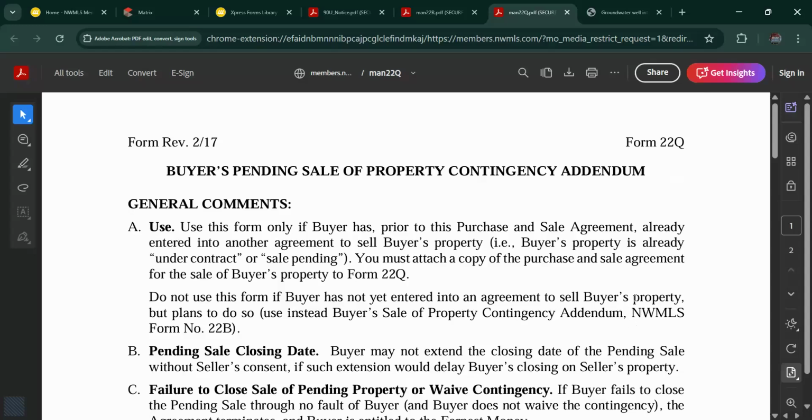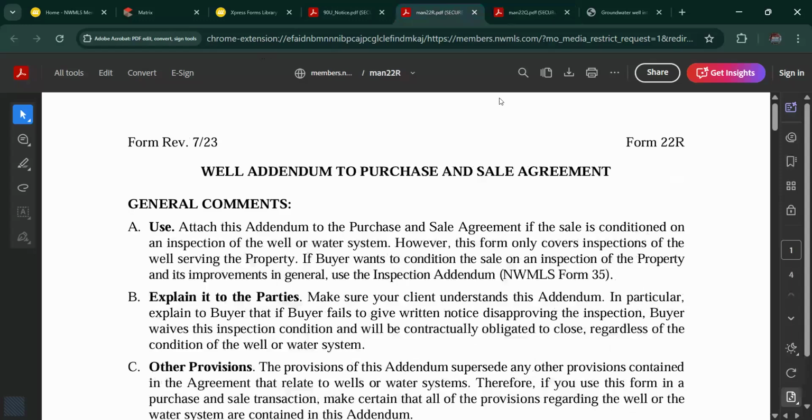All right, so now it's time for 22R, the well addendum to the purchase and sale agreement. General comments, use: attach this addendum to the purchase and sale agreement if the sale is conditioned on an inspection of the well or water system. However, this form only covers inspections of the well serving the property.